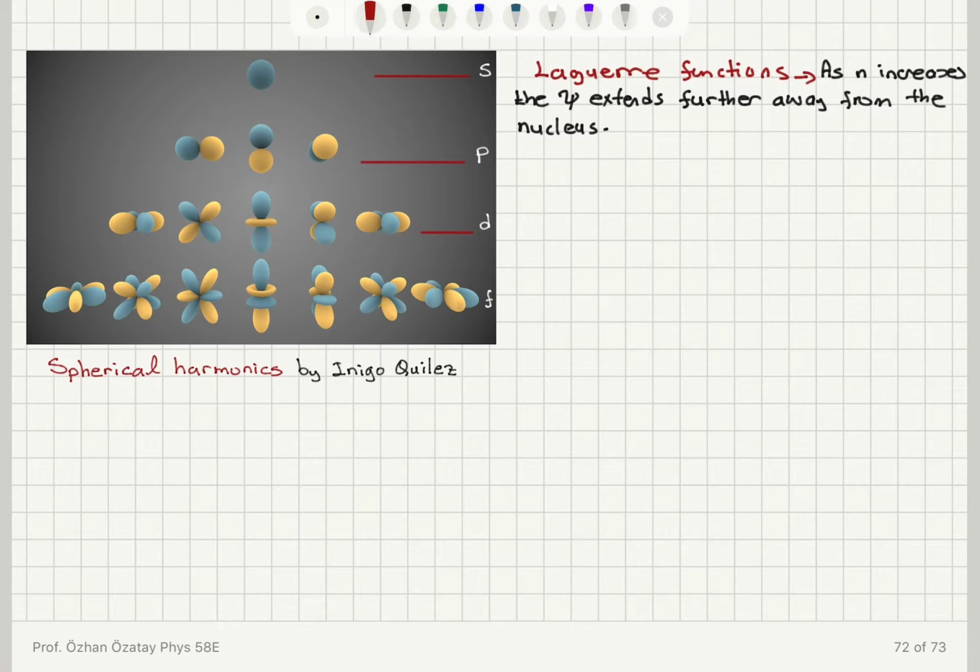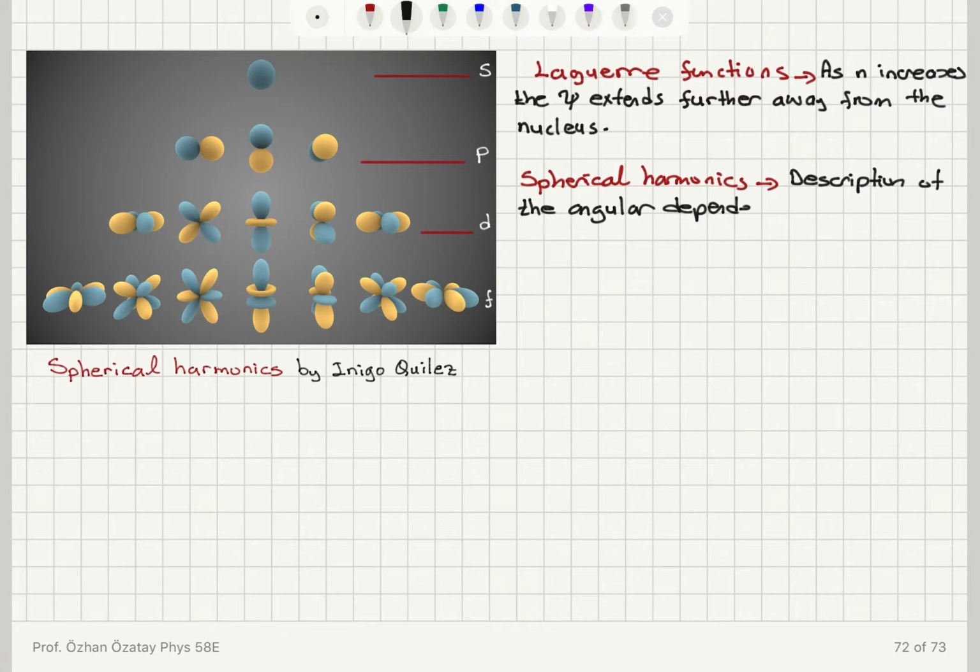On the other hand, the spherical harmonics is telling us the angular dependence of psi. So this is giving us a description of the angular dependence of the wave function.